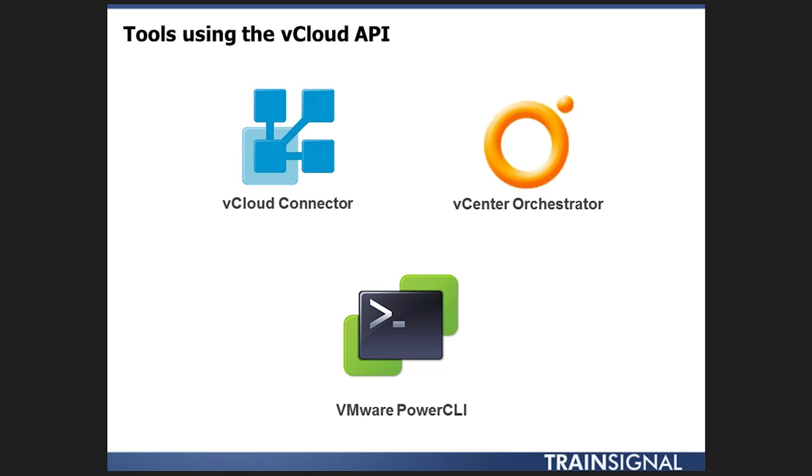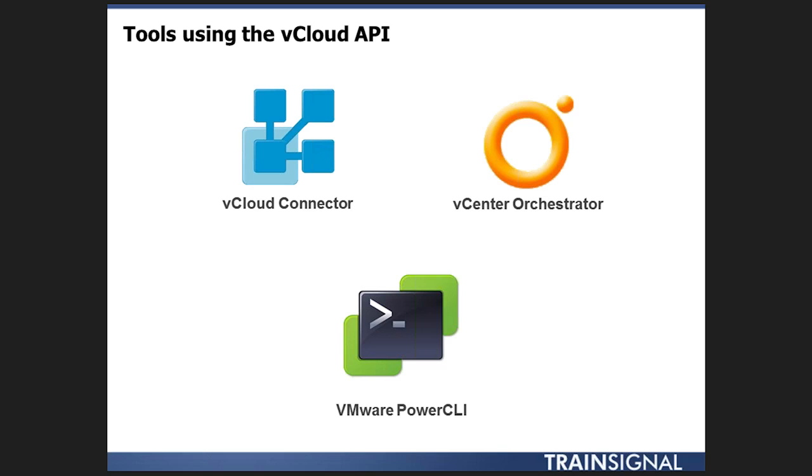The last one, and my most favorite, is VMware PowerCLI. PowerCLI gives you a command line interface to your vCloud Director organization. There are a lot of cool things that you can do through the vCloud API that you can't do through the web UI, and PowerCLI, I found, is the most simple way to enable some of those features. For example, expanding a hard disk or a virtual disk on the fly can't be done through the web UI, whether or not the virtual machine is powered on.